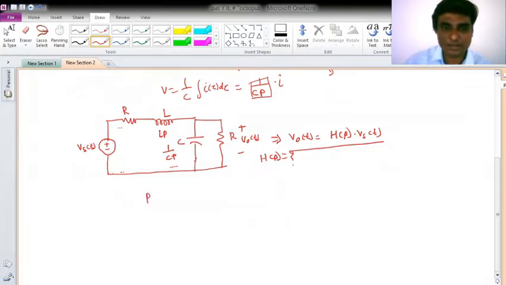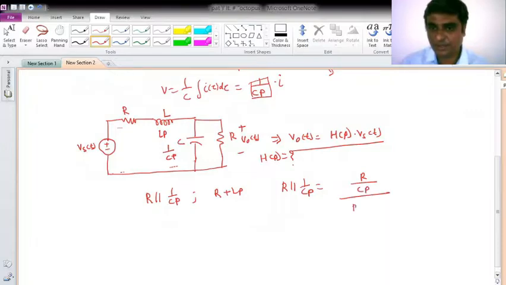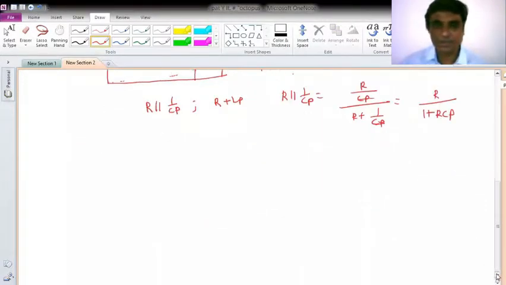So R in parallel with 1 over Cp will be R times 1 over Cp over R plus 1 over Cp. The Cp cancels, so it will be R over 1 plus RCp.